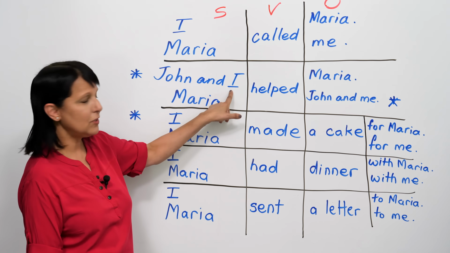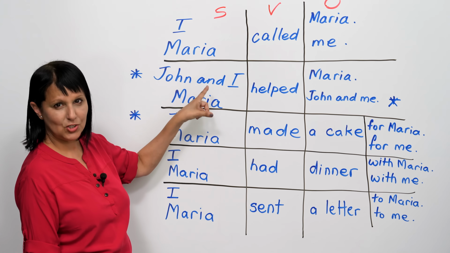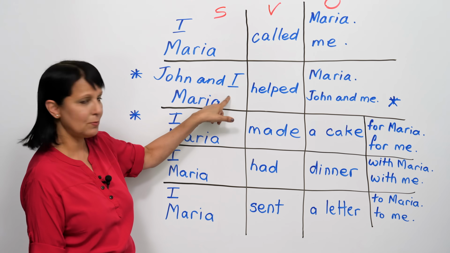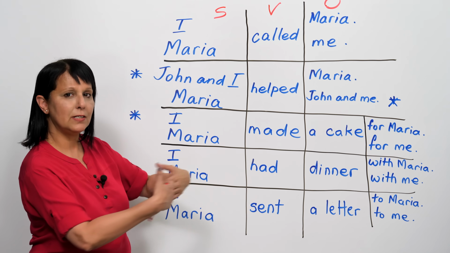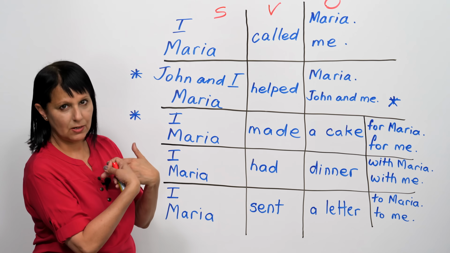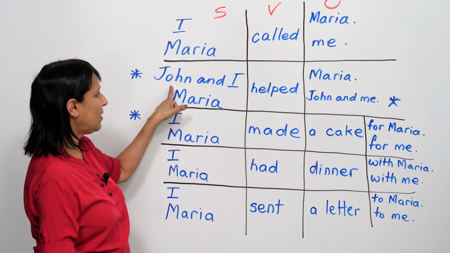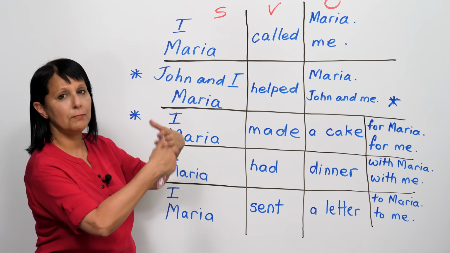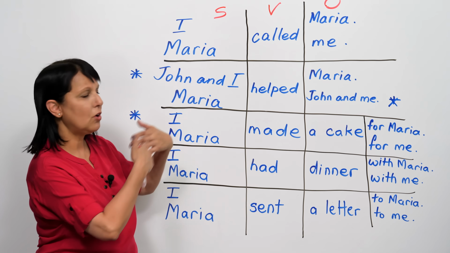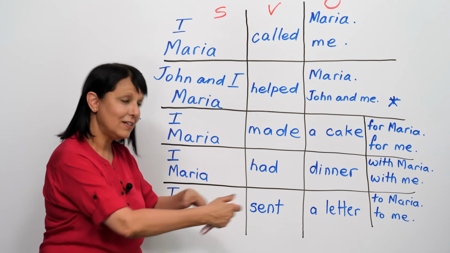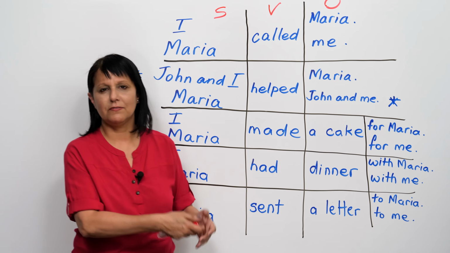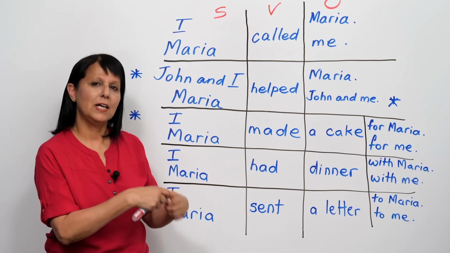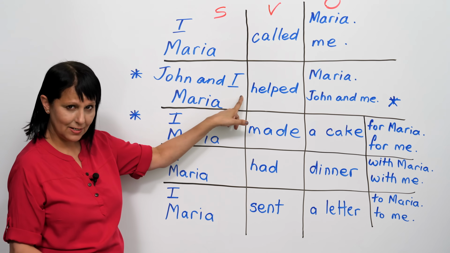So first of all, we have to use I because I is the subject that is in the subject position, right? But we put other people in English before ourselves. Okay? So whether you have John and I, or you have John, Mary, and I, or you have John, Bill, Mary, and I is always last. So we give other people kind of the honor, we mention them first, and we say, and I, okay?